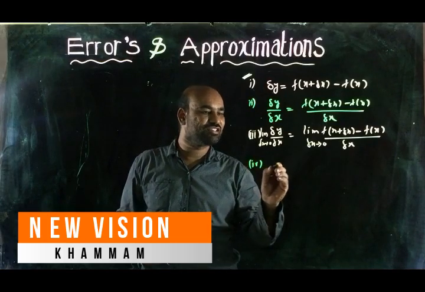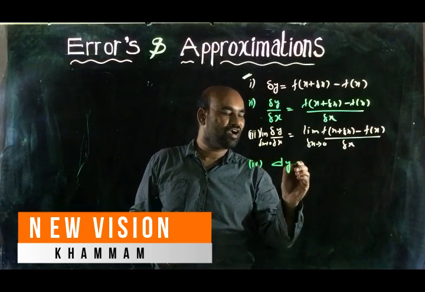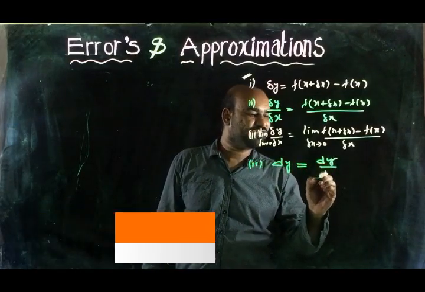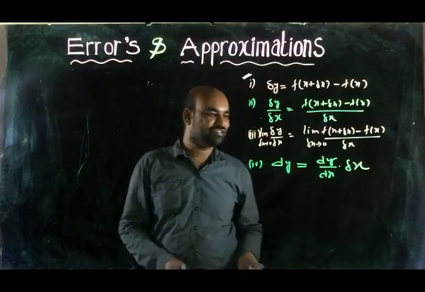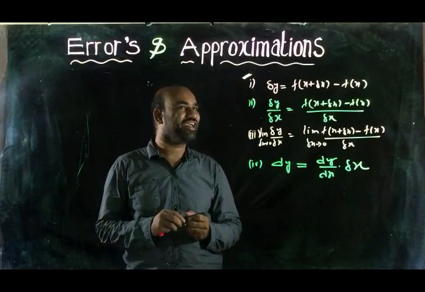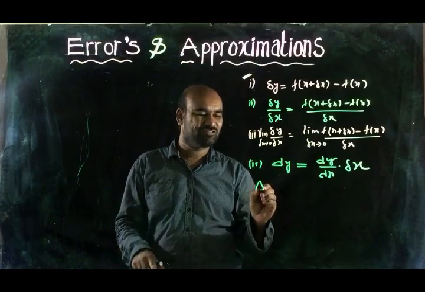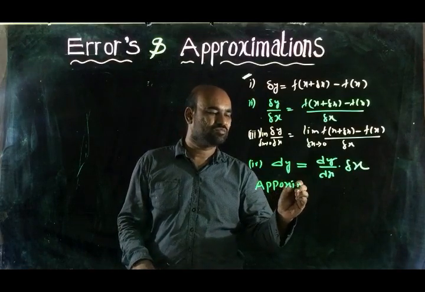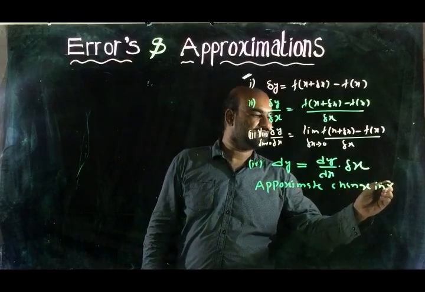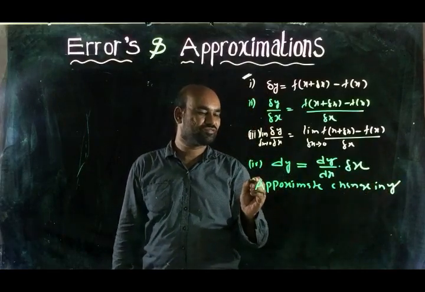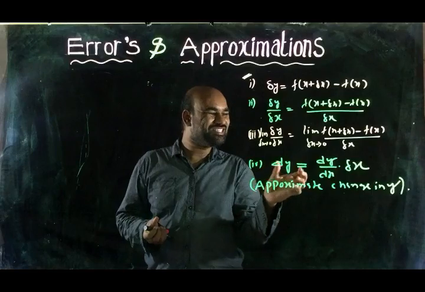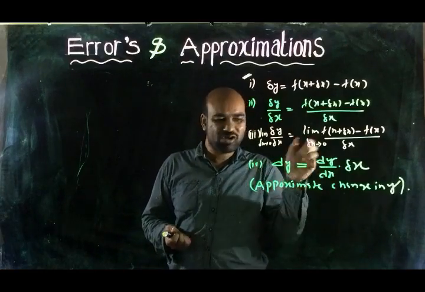Our fourth result is dy, or sometimes called delta y, no problem, equal to dy by dx into delta x. By using this relation you can find the approximate change in y, dy or delta y.